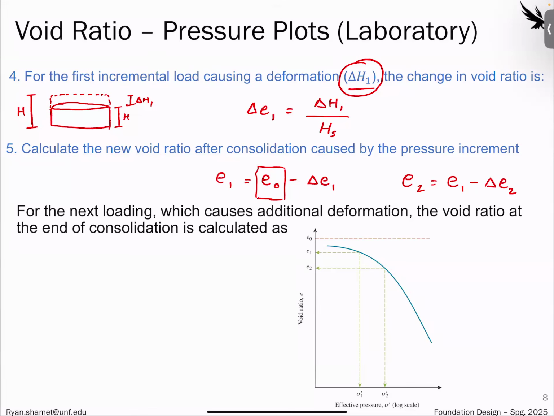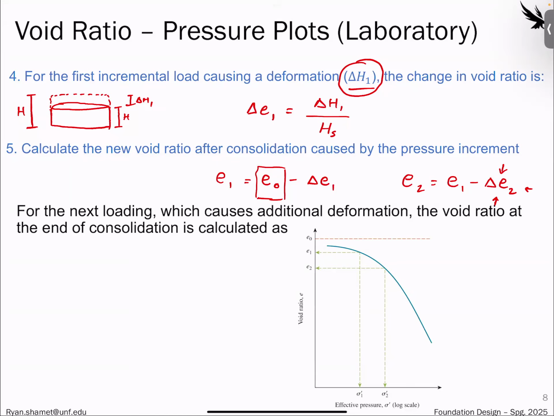But if it's cumulative, then we would still need to make sure that it's e naught, not e1. Is that making sense? If this value is incremental, meaning between 1 and 2, then we subtract it from e1.